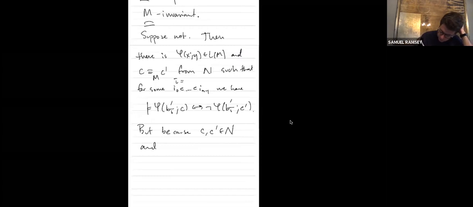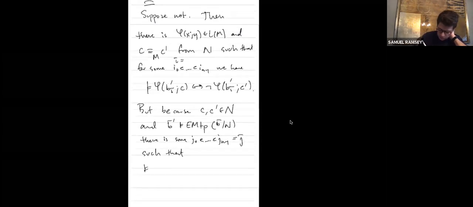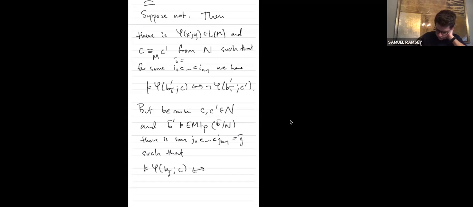So because C and C prime are in N and B bar prime realizes the EM type of B bar over N, there is some J0 less than ... less than J n minus 1, which I'm going to call the sequence J bar, such that the same is true for that sequence. So we have phi(B J bar, C) if and only if not phi(B J bar, C prime).